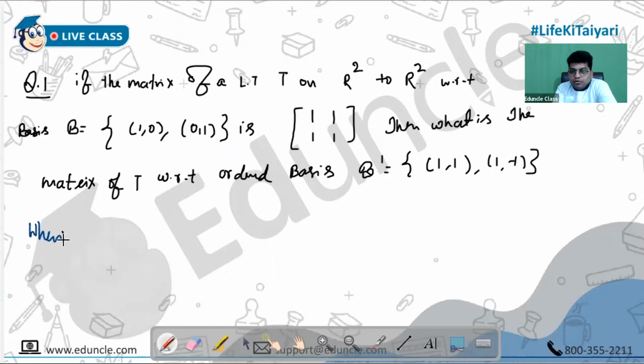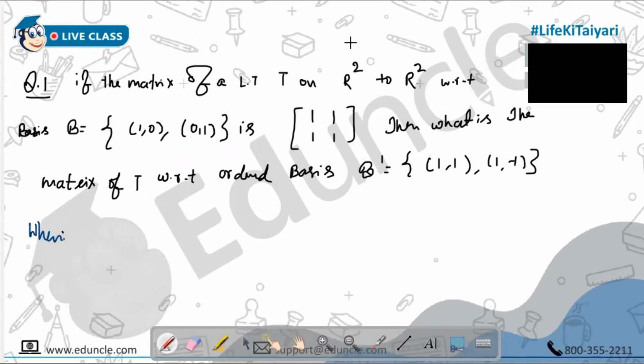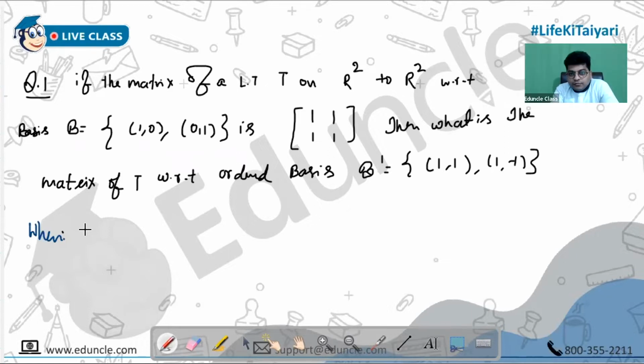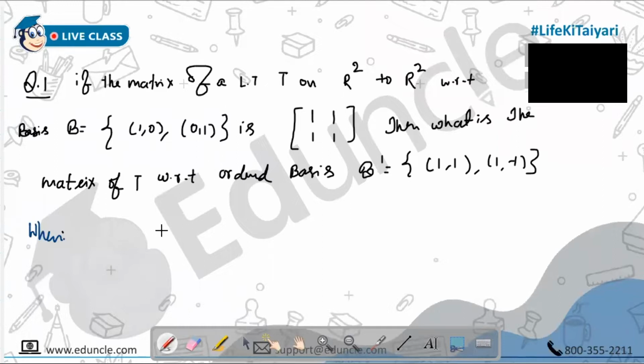First, Manoj, you can speak. How did you find out the answer? Manoj: First I found the formula of the linear transformation, then from this basis B dash I found the matrix. What is the formula of the linear transformation? X plus y, x plus y. How did you find this one? Manoj: Sir, first x, y equals a, b, I took these as the basis, then applied them. Sir, you have taught this question, the formula.